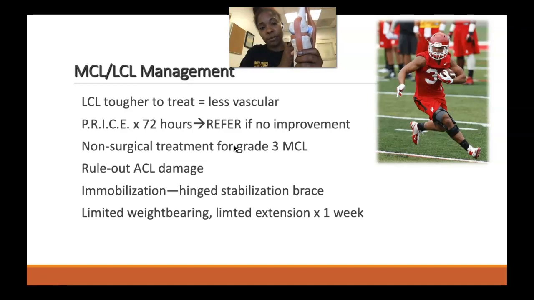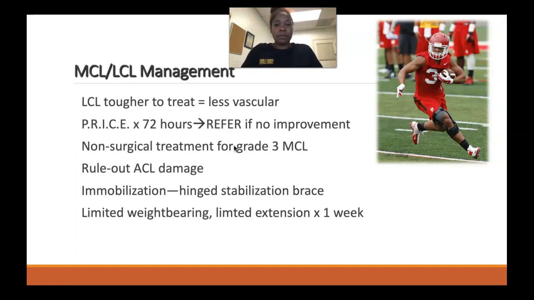So it's injured more often because if the meniscus on the medial side gets injured, most often those deep fibers do too. But then also because we have more exposure to the lateral side of the knee, which means more valgus forces, which means more injuries or compromise to that MCL. Okay. LCLs tend to be a little bit tougher to treat.